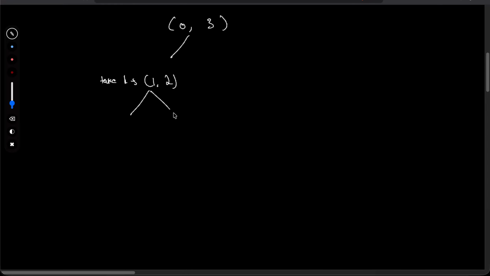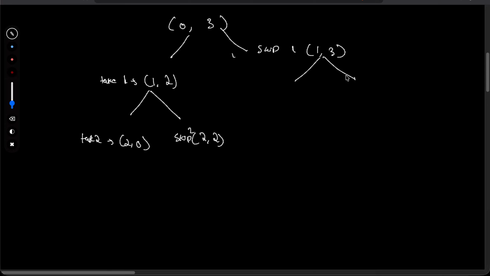If we skip 1, it becomes 1 comma 3. Then for number 2, if we take 2 from target 2 it becomes 2 comma 0, and if we skip 2 it's 2 comma 2. From target 3, if we take 2 it's 2 comma 1, and if we skip 2 it's 2 comma 3.